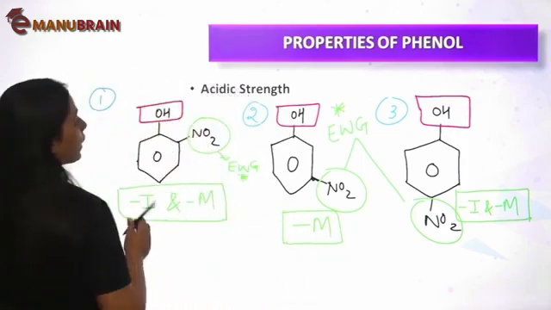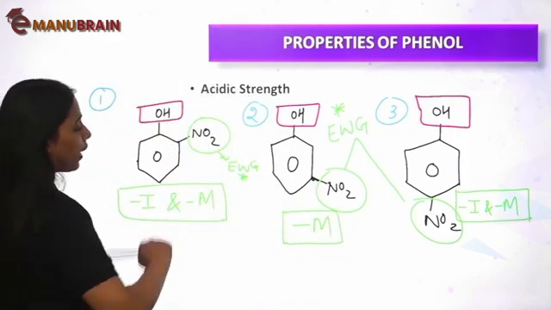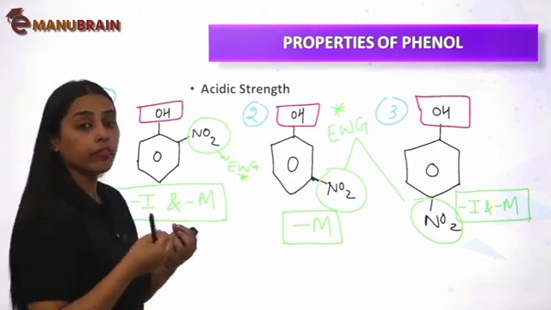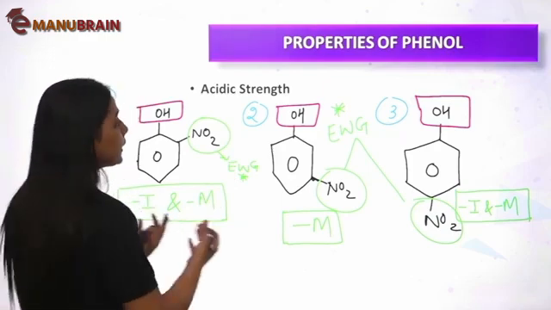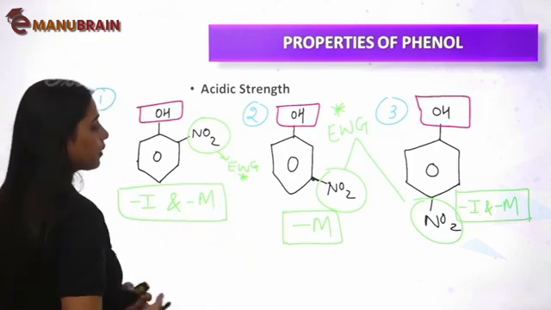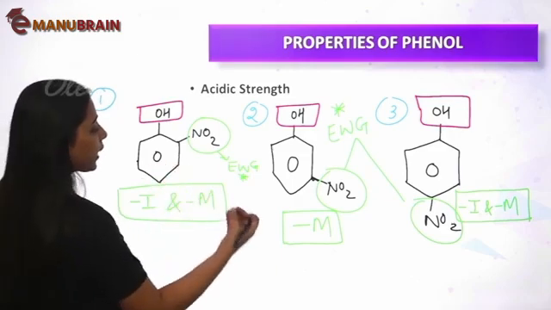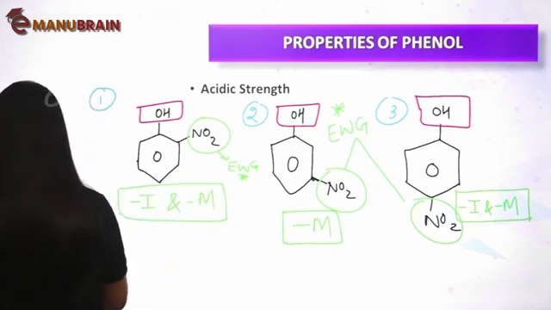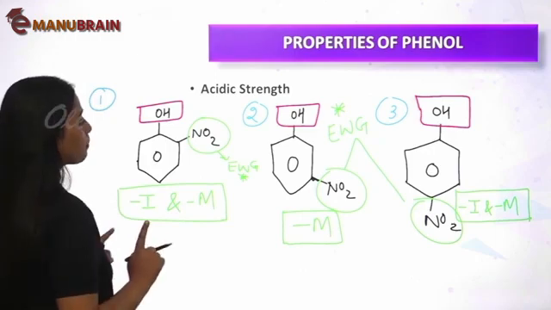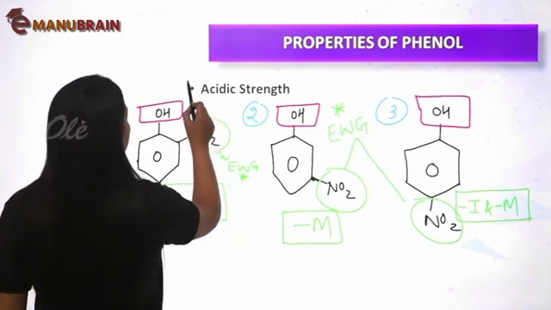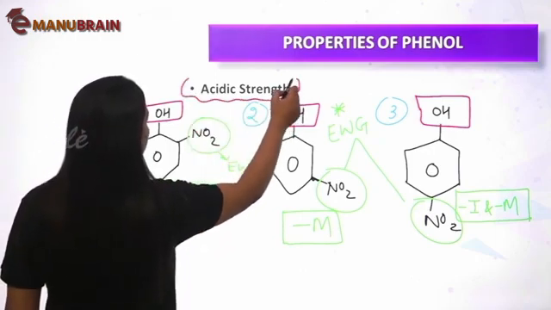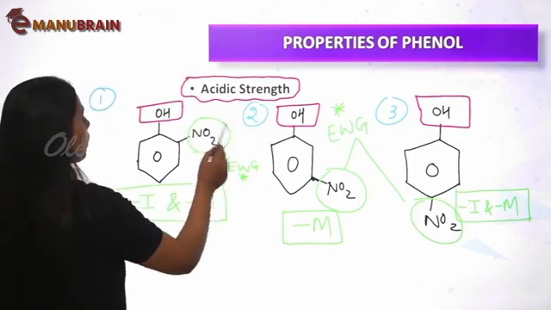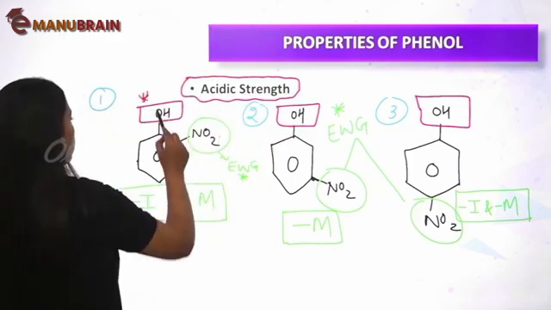So if you label them as 1, 2 and 3, and now I ask what will be the decreasing order of acidic strength between orthonitrophenol, metanitrophenol and paranitrophenol, what will be your answer? And remember this part as well, that acidic strength is always seen in terms of the OH group.